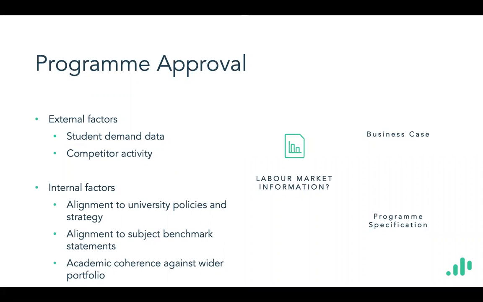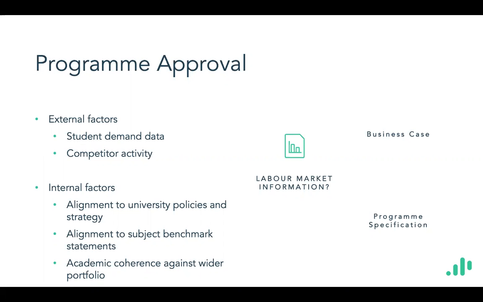So if we start with why. In the program approval process, when you're looking at new programs, you usually have to go through a process that looks at a range of external factors, like student demand data and competitor activity, as well as a range of internal factors like alignment to internal policies, the QAA's subject benchmark statements, and the academic coherence of the proposed program in terms of the wider portfolio.